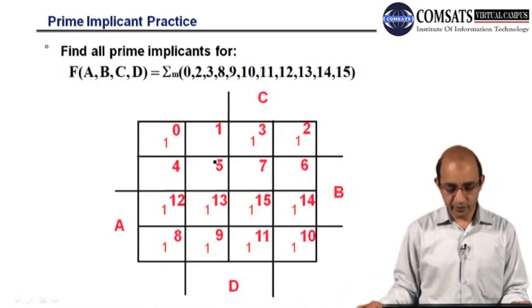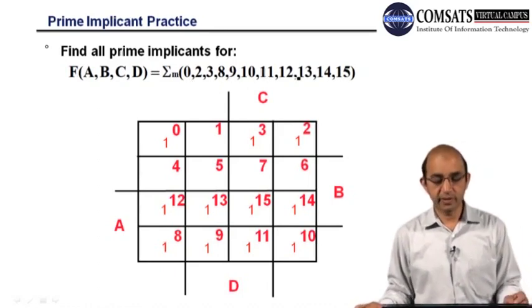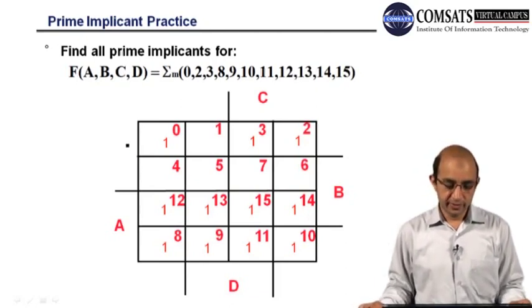So you can see that we have here 0, 2, 3, 8, 9, 10, 11, 12, 13, 14, 15, right? Then we have 1, 2.